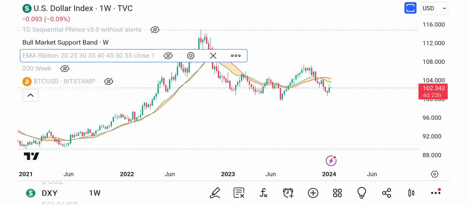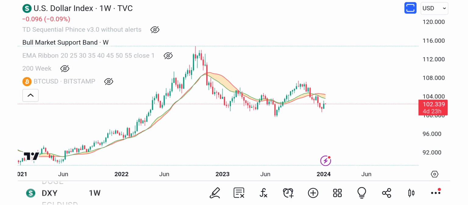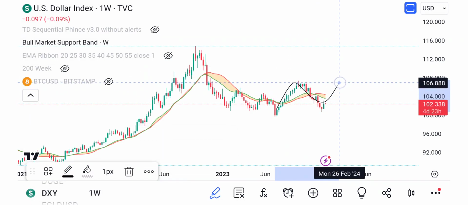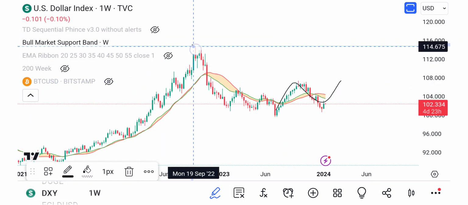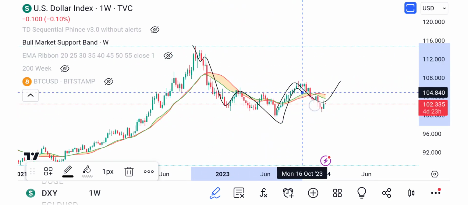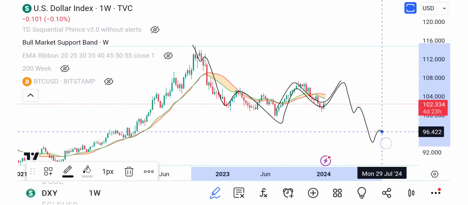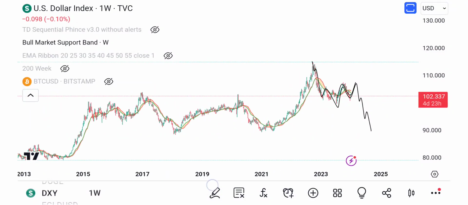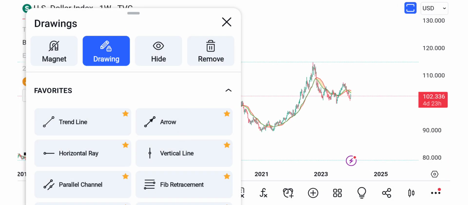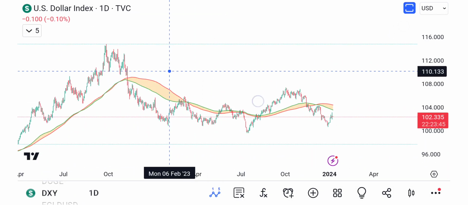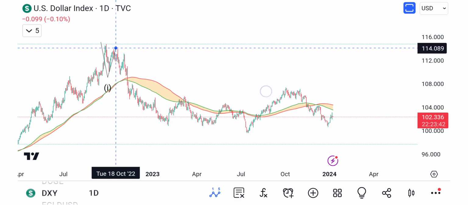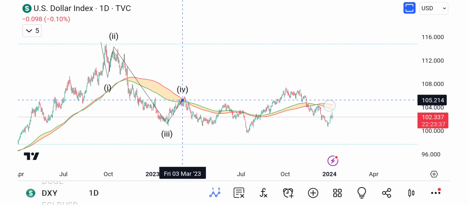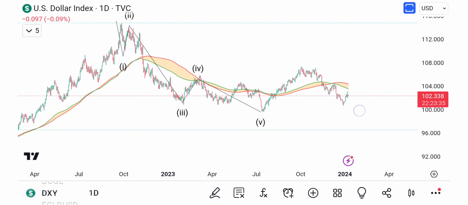If I take that off, we are also below the bull market support band. But that doesn't mean anything much if this is an A, B, C, right? If this is a 1, 2, 3, 4, 5, A, B, C, 1, 2, 3, 4, 5. That's sort of my main idea. That's the main idea at the moment. So there's 5.